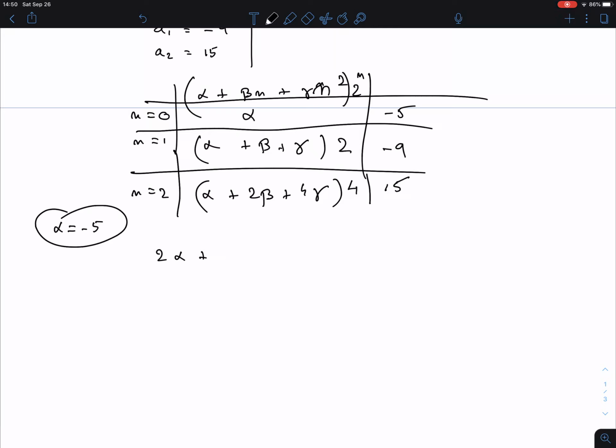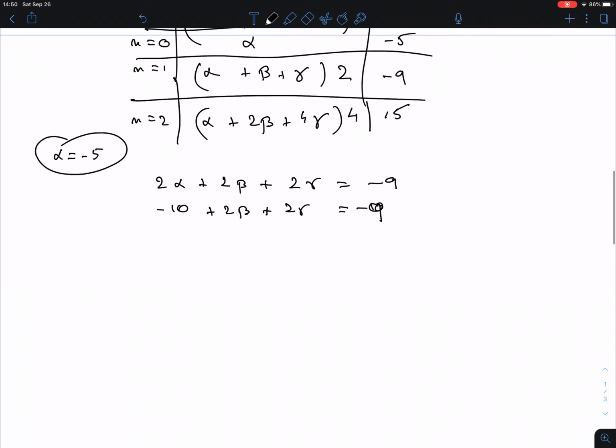There's a 2 alpha plus 2 beta plus 2 gamma is -9. But I know that 2 alpha is -10. So there is -10 plus 2 beta plus 2 gamma is -9. Bring the -10 to the other side, so plus 10 on both sides. So we get 2 beta plus 2 gamma is 1.